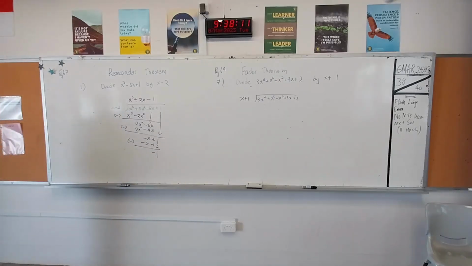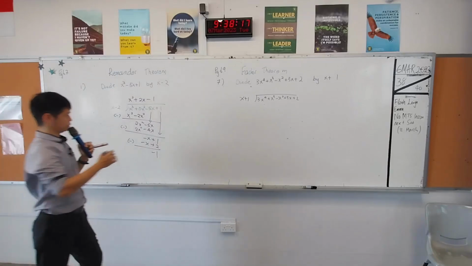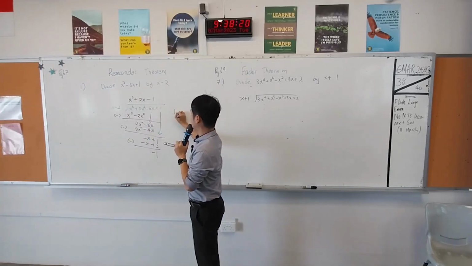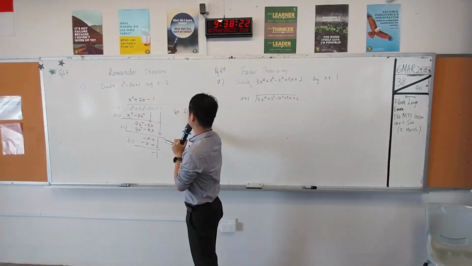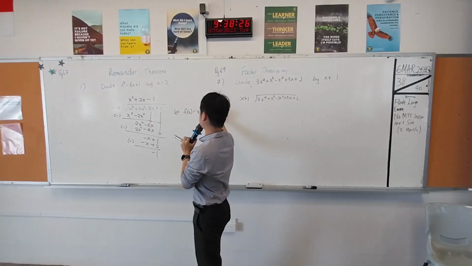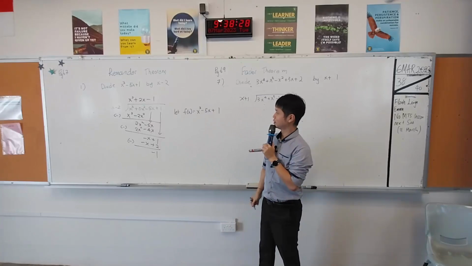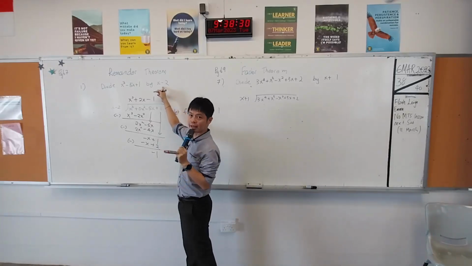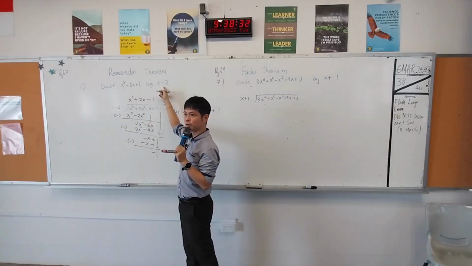So it's a very, very long process. Now, the beauty of the remainder and factor theorem is I can actually do it in less than 30 seconds. How we do that is, we let f(x) be equal to x cubed minus 5x plus 1, and I want to divide by x minus 2.